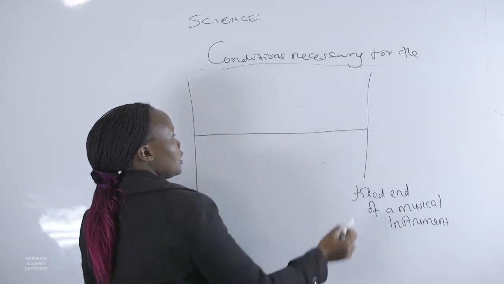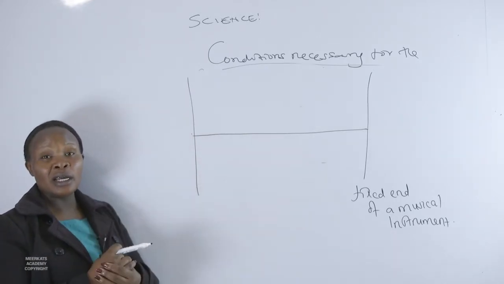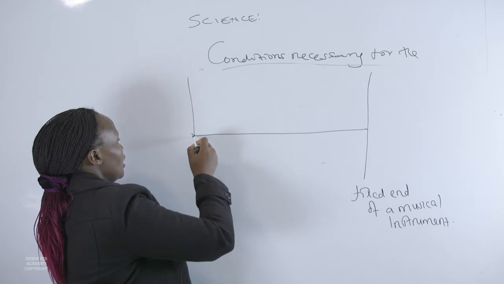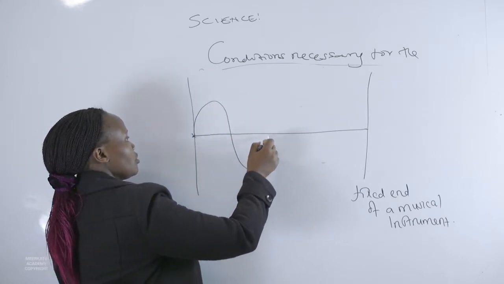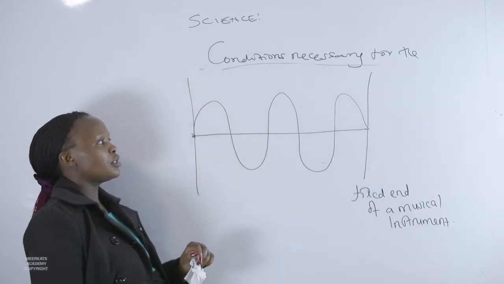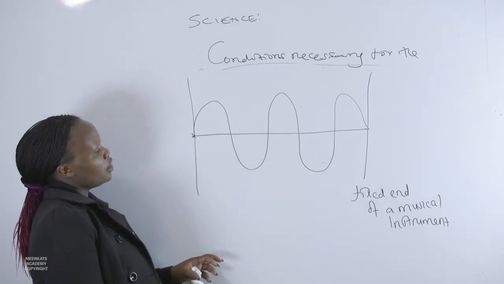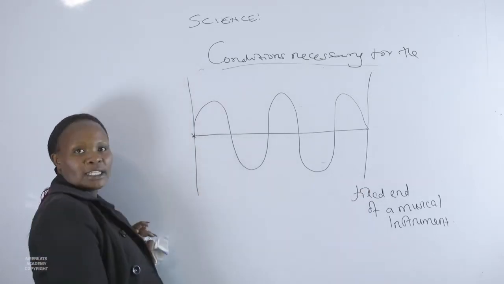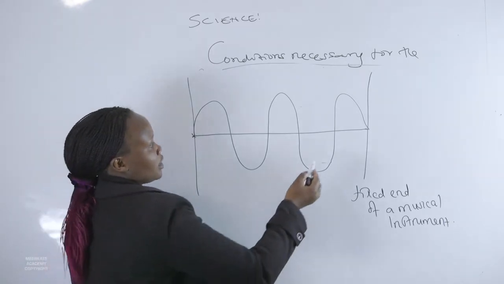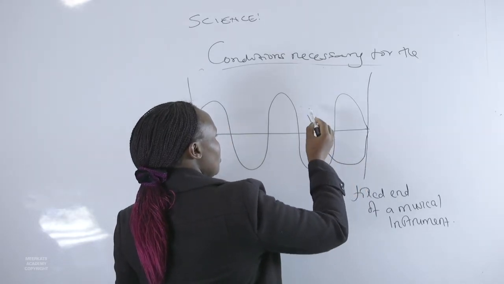You pluck a string at one end, thus producing a disturbance that is going to be carried out as a wave. Now, what happens when you get to the other fixed end? It is going to behave like a reflector, so that your wave is going to be reflected back.